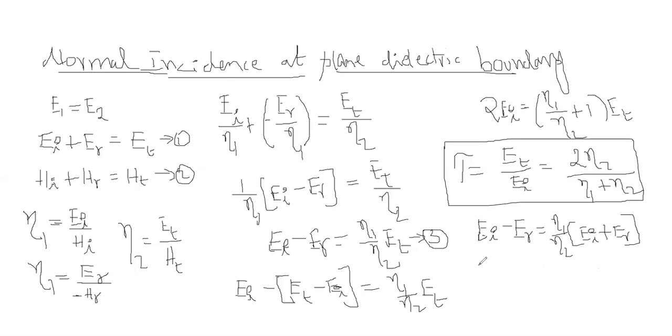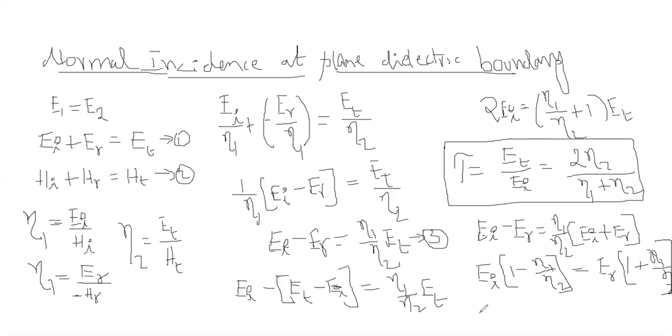So bring the EI to the left hand side: EI times 1 minus eta 1 by eta 2. And take ER as common. Now bring that minus ER to the right hand side, it becomes plus: 1 plus eta 1 by eta 2.